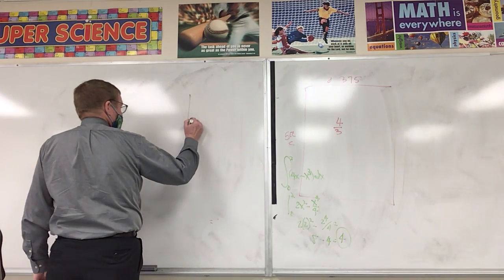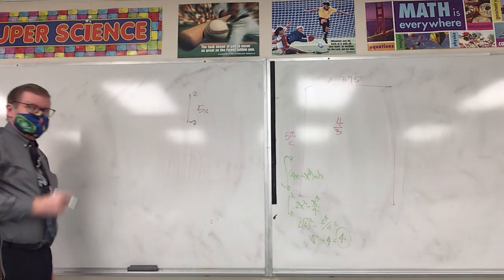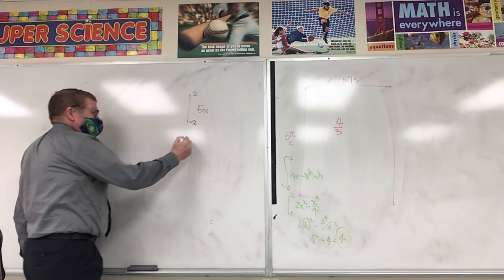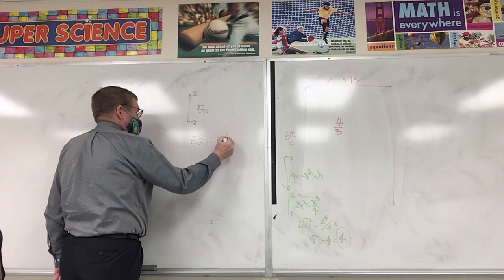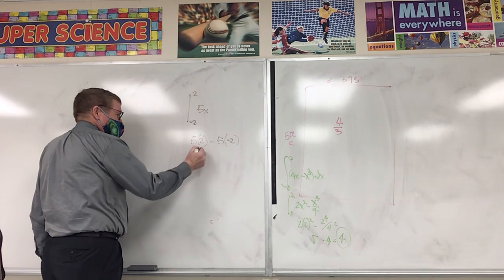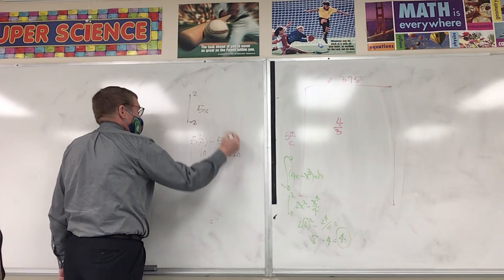They're asking you to do it by 5x from -2 to 2, which is 5 times 2 minus 5 times -2, which is 10 plus 10, which equals 20.